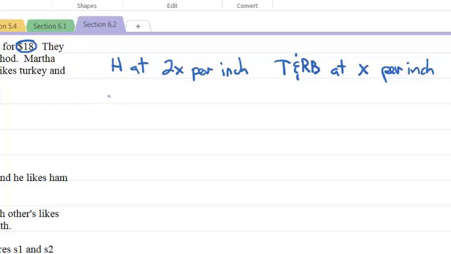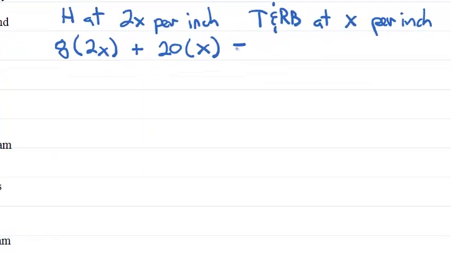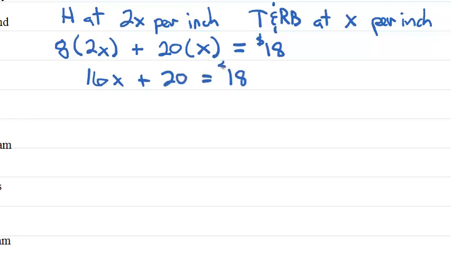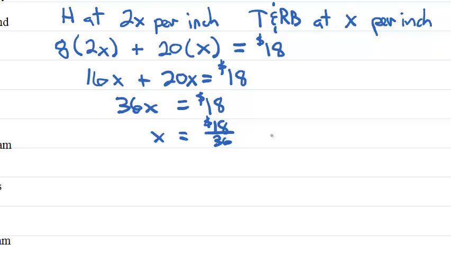So, 8 inches of ham valued at 2x per inch plus 20 inches of turkey and roast beef at x per inch equals $18. 16x plus 20x equals $18. 36x equals $18. x equals $18 over 36, which is $0.50 per inch.